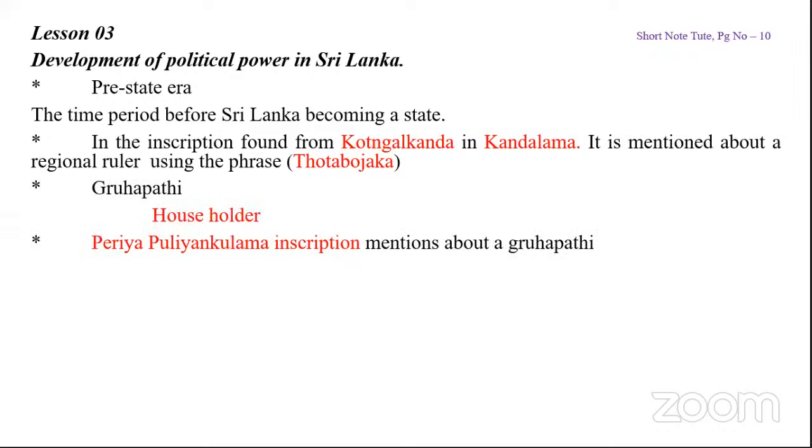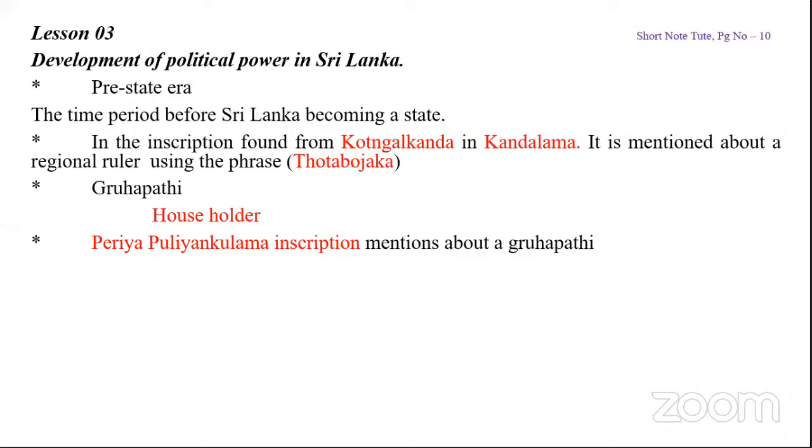The pot eater means the one who obtained the profits from the pot, the one who obtained taxes from the pot. So about Totabojaka, a regional ruler, it is mentioned in the inscription in Kandalama. Gruhapati means householders. Householders means the head of the family. Maybe father, maybe mother. He or she was a householder, known by the name Gruhapati.